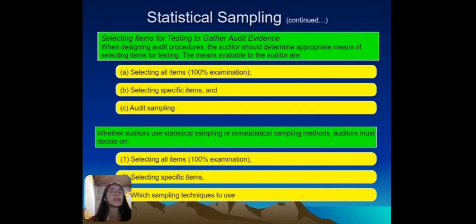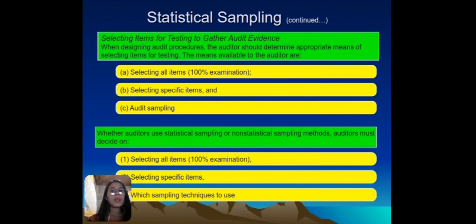Now for statistical sampling, selecting items for testing to gather audit evidence. When designing audit procedures, the auditor must determine the means of selecting items for testing. The means available to the auditor are, first, selecting all items, which is 100% examination; second, selecting specific items; and third, audit sampling.